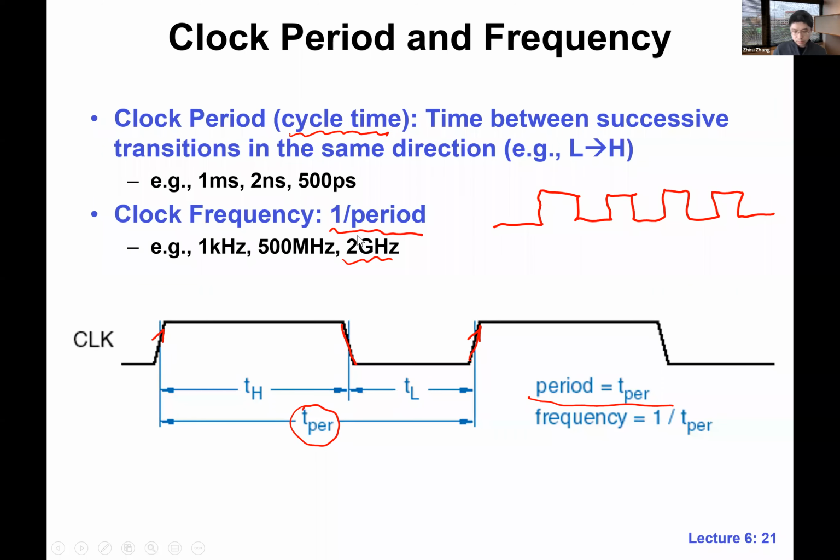For your laptop or desktop, this is roughly the clock period, 500 picoseconds, usually between 1 to 2 gigahertz. All right, any more questions about the clock?